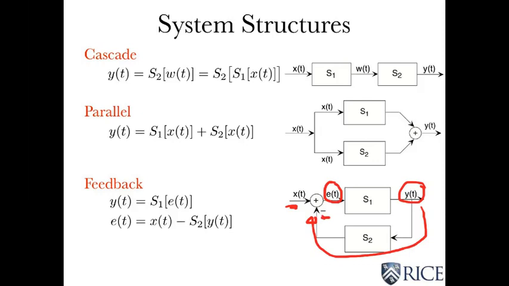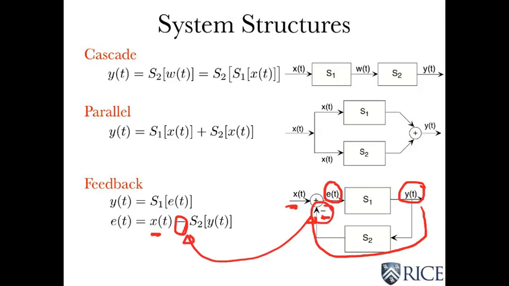Well, that's the standard convention, which means that E is equal to X minus the output of S2. So that little minus sign is how you indicate a difference instead of a sum.